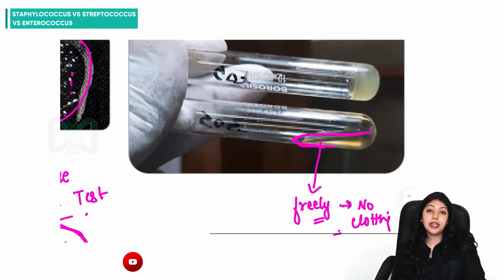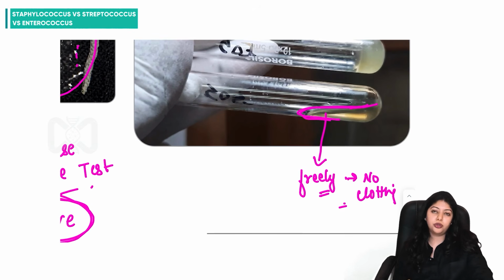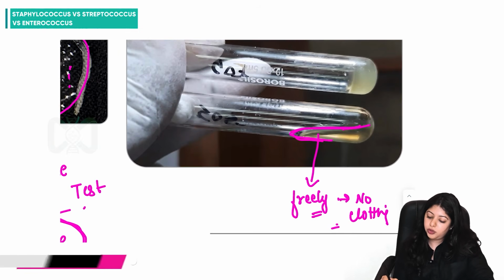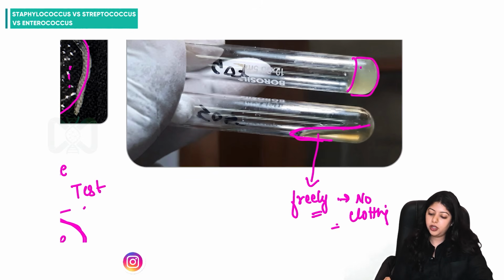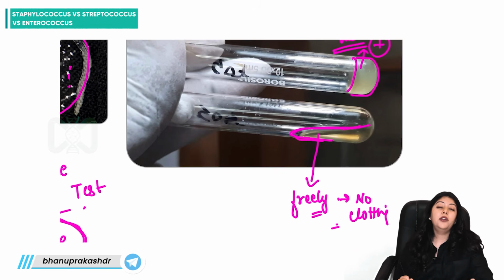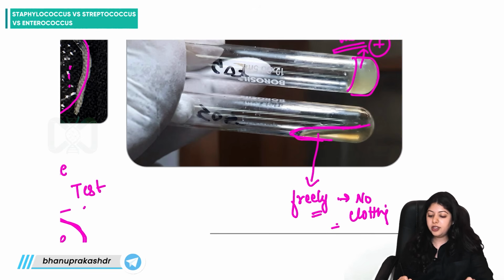There are certain grades which you do not need to know about. So this is the clot, a very beautifully set clot, not moving even after tilting the tube. So this is a visible clot giving a positive tube or free coagulase test result, right?